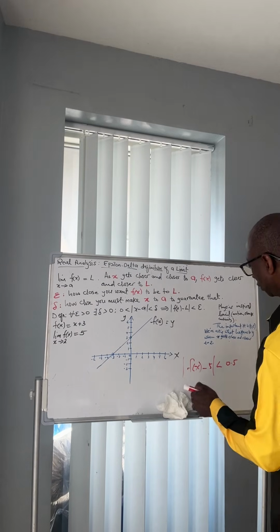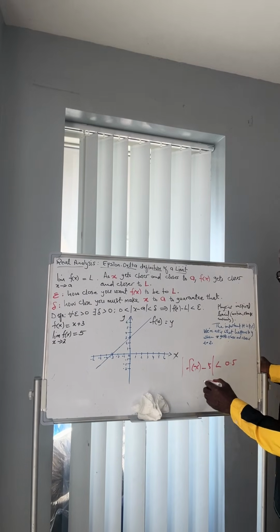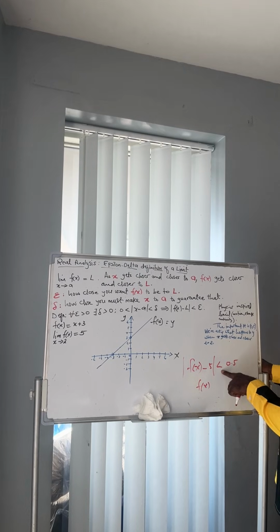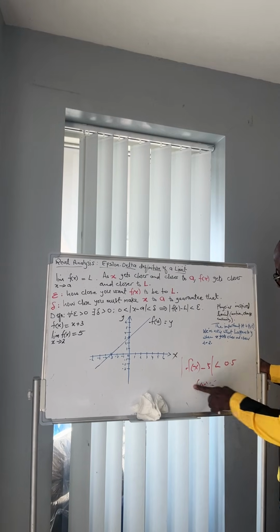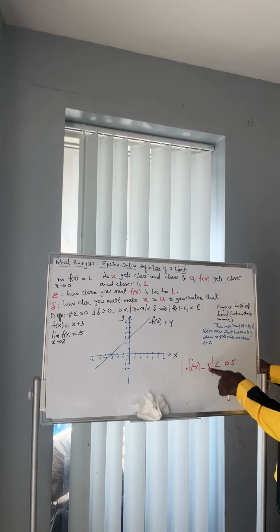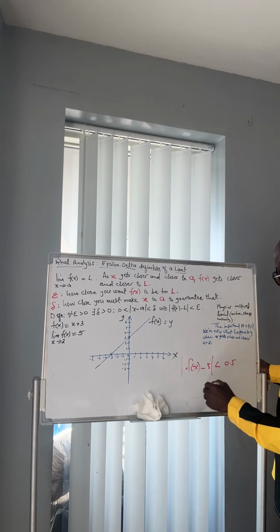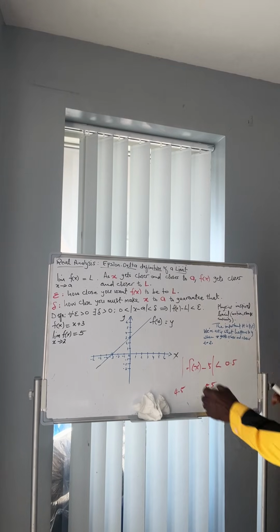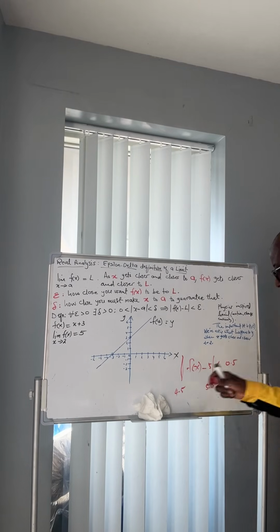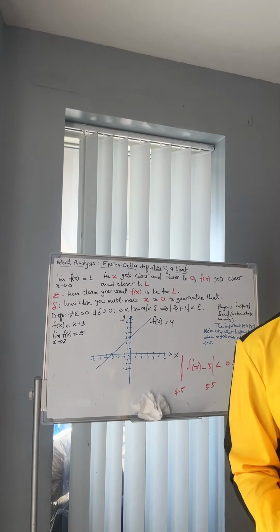If you have this kind of function, this is an inequality sign. It's telling you about this function, the limit, which is 5. So this gives you either 5.5 or 4.5. I hope you understand it.